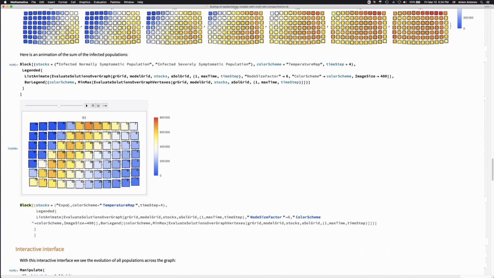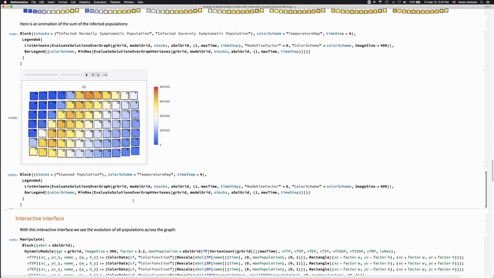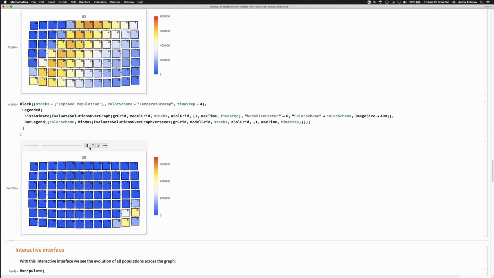The reason I'm doing this experiment is that I want to show that with the exposed population, my wave is going to be tighter. It shouldn't take long. So you can see how this wave is much sharper, much tighter, compared to the infectious wave.